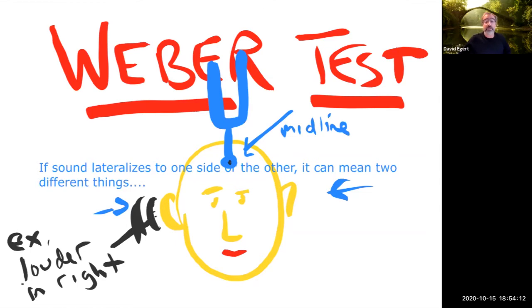What's one possibility there? Deafness in the left ear? What kind of deafness in my left ear? Maybe sensory neural.